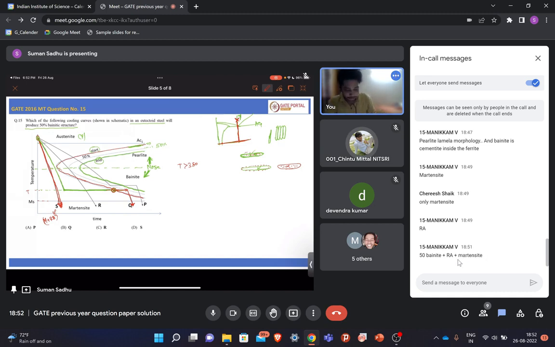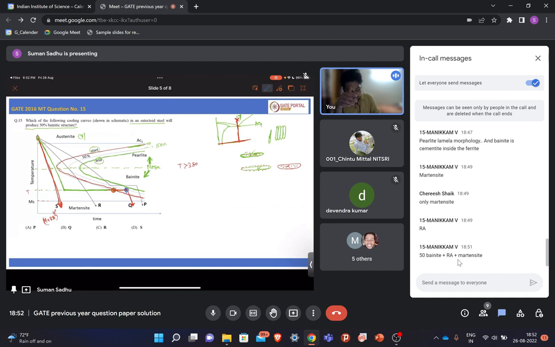As it is touching this transformation curve below the nose, it will start forming bainite from here, and then it is touching the 50% transformation line. So that means up to this point 50% transformation to bainite has occurred. Then we are quenching it. At this point we have 50% bainite plus retained austenite, right?